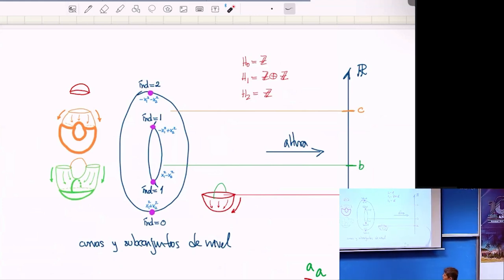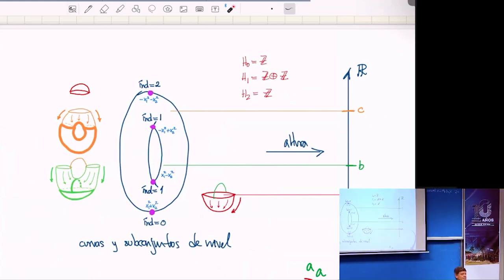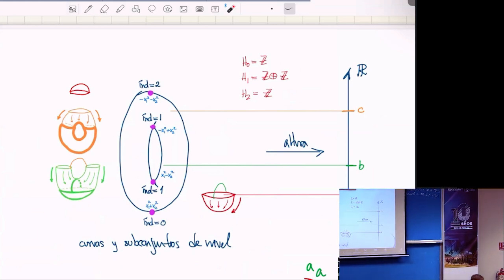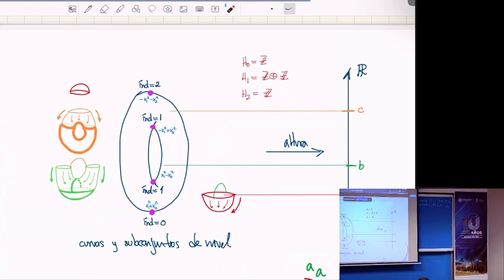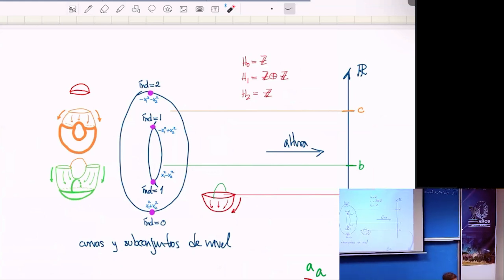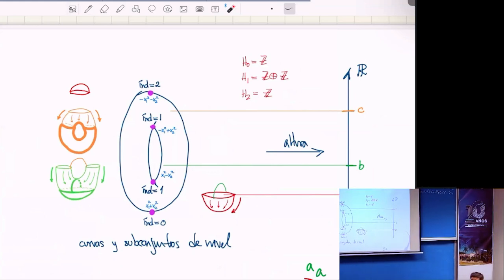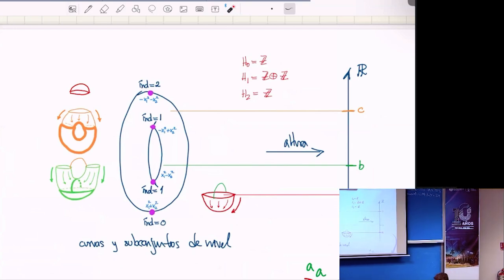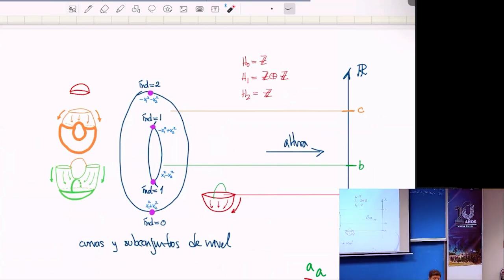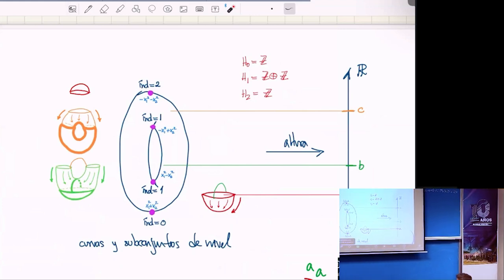But there are some special points where the topology of this scanning will be changing radically. So, for instance, we can take a look at the critical points of the function, where the differential of the function does not change. In other words, the points where the tangent plane is horizontal.